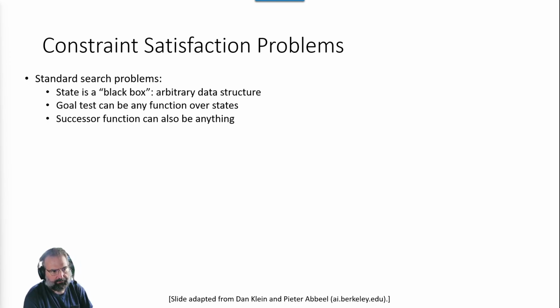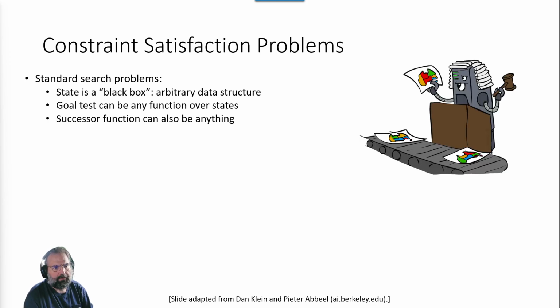So it's a standard set of search problems. Your state is a black box, meaning you don't necessarily know it, but things are stateful. The goal can be some function over a set of states, and a successor function can be essentially anything. It's how you know when you're done.